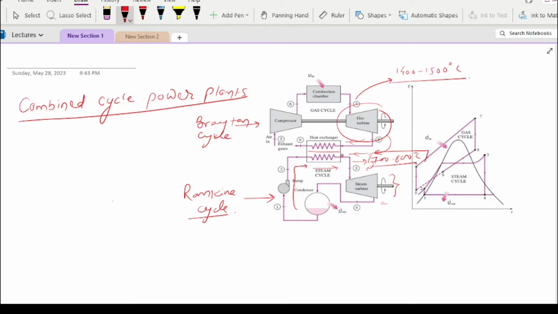Now when the higher temperature exhaust of gas turbines is left to the atmosphere, this is just a heat or available energy loss. Now if we use this available energy to heat this steam, as visible from 2 to 3, this is a typical example of heat recovery.